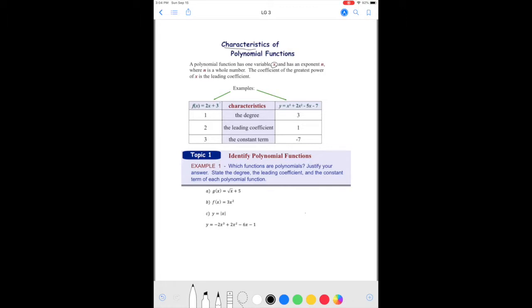And it'll have an exponent we call n, where n is a whole number. Very important, it has to be a whole number, like 1, 2, 3, and so on. The coefficient of the greatest power is called the leading coefficient. And we like to put things into descending order.